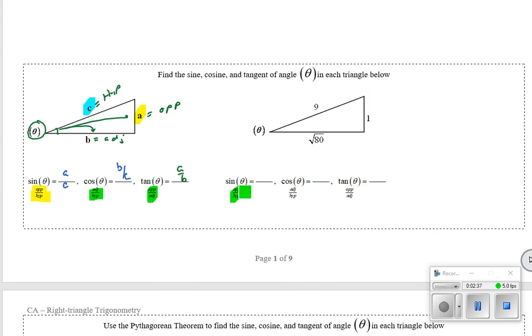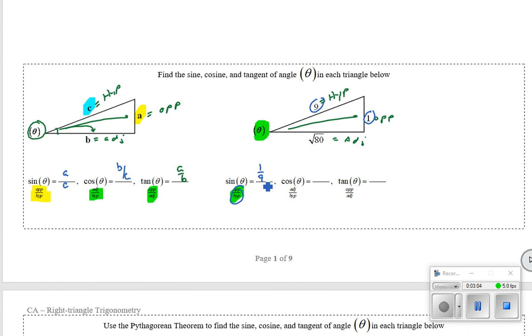Let's look at another example. The sine is the opposite over the hypotenuse, and for this angle, that's the opposite. And that's easily the hypotenuse. So this must be the adjacent. The sine is 1 over 9.